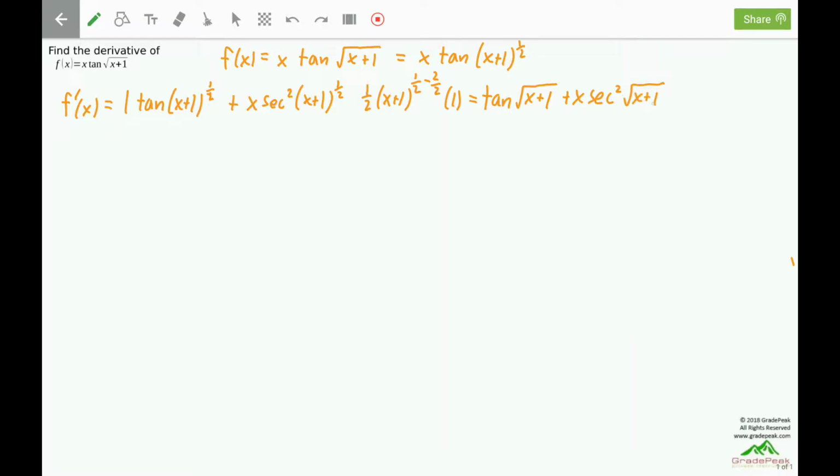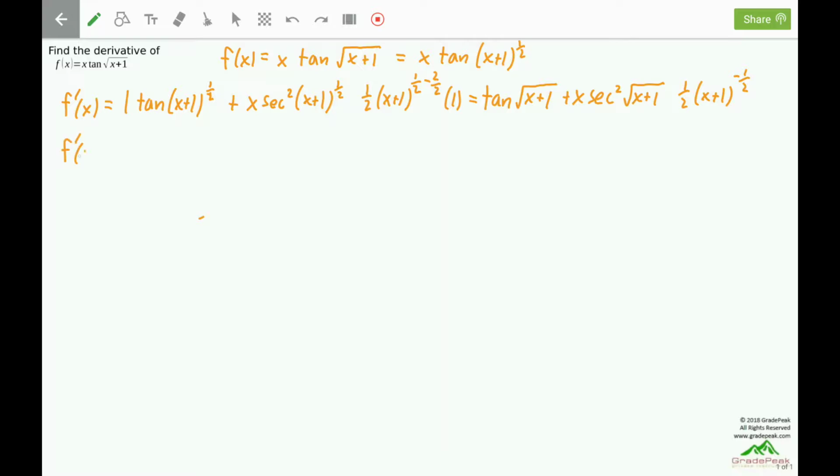I will rename that x plus 1 to the first power square root. And then we have this multiplying a 1/2, and we have an x plus 1 raised to the 1 minus 2, negative 1/2, and then times a 1, but anything times 1 is itself, so we don't need to write that 1 at the end there any longer.